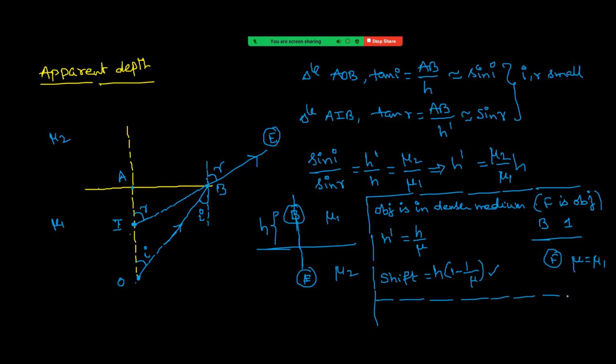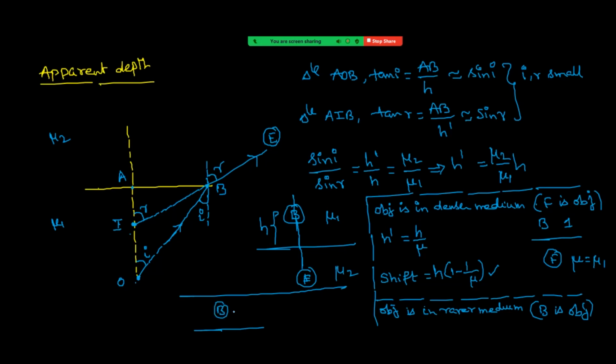Now take the next case, that is, the object is in the rarer medium. Example is bird. Bird is the object, and the fish is now looking at the bird. I will make a diagram here. This is the bird.